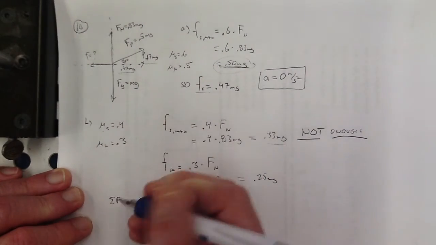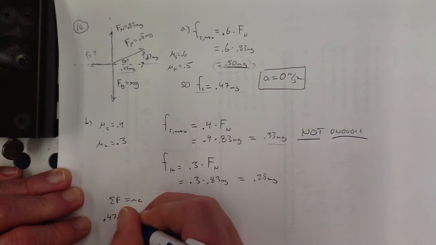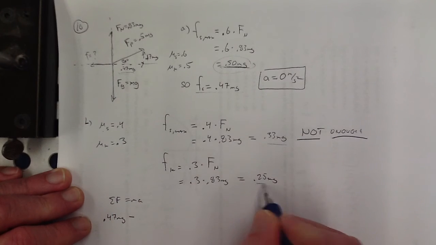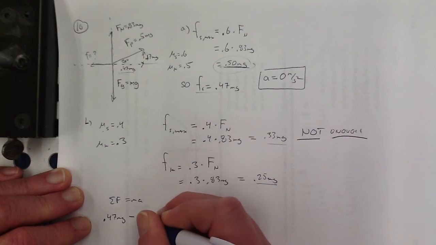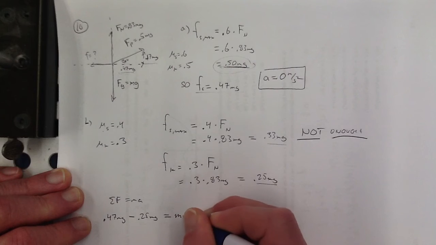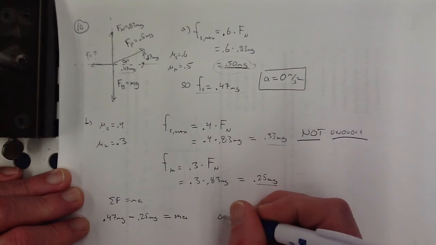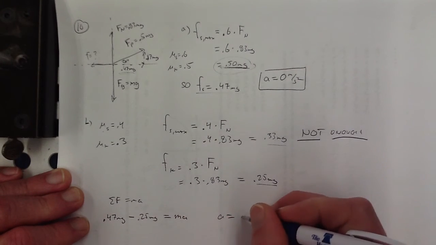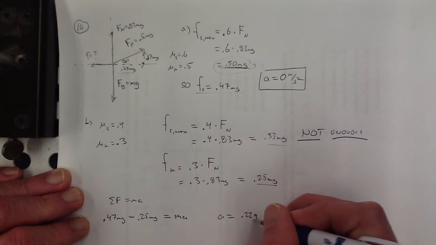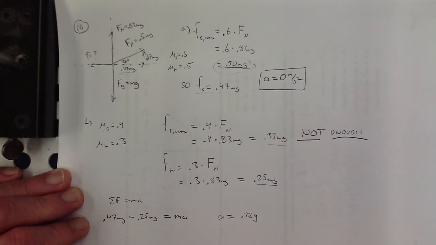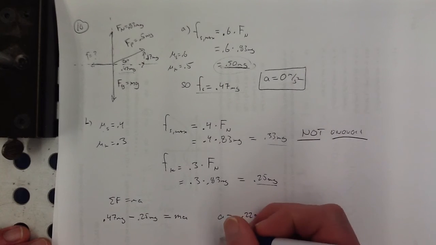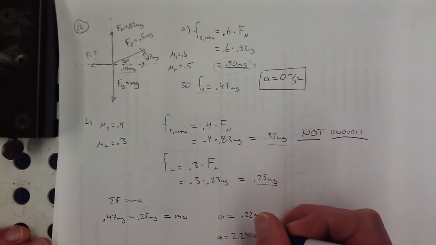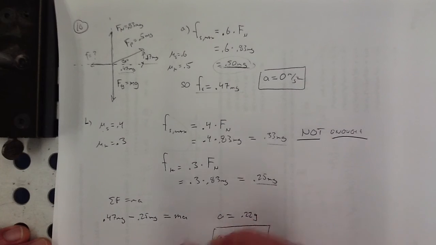So here I've got 0.47 mg, and now I know how much kinetic friction I have, 0.25 mg. That's going to be equal to mass times acceleration. So it looks like the acceleration is going to be 0.22 g. All the m's cancel. And if you want to put a number on that, you can. It's about 2.2 meters per second squared.